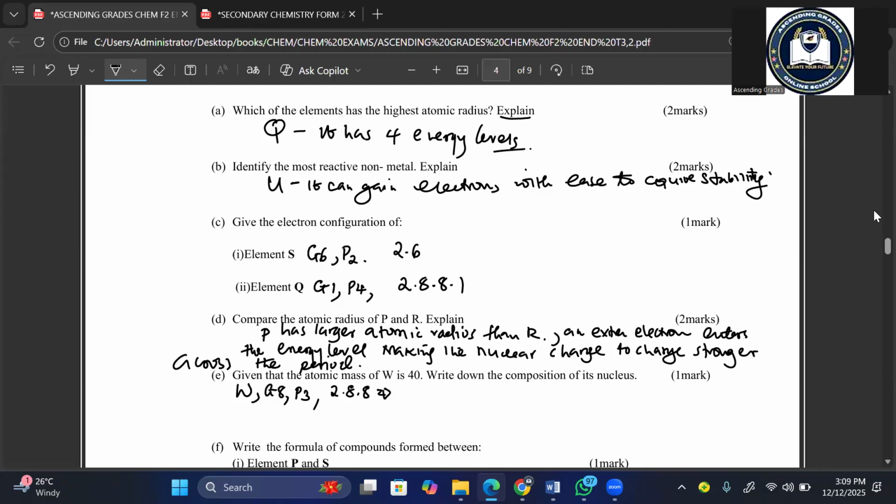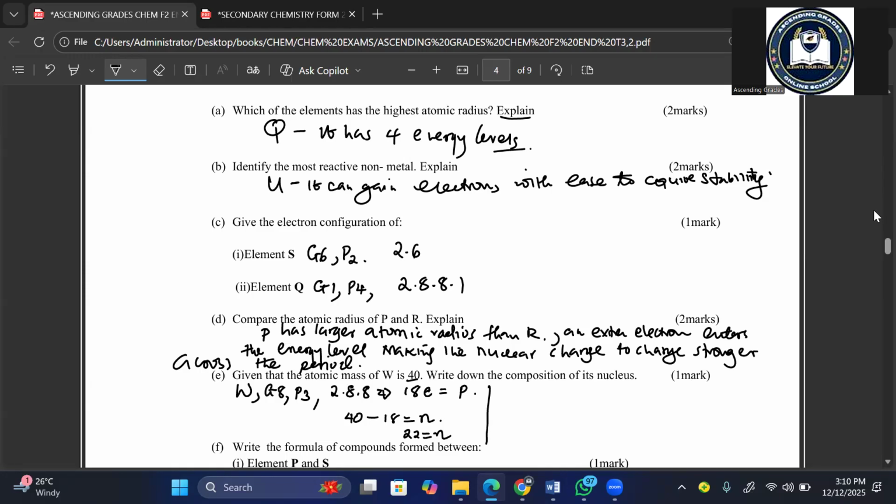It has a total of 18 electrons, and these will be the same as the number of protons. From the mass number of 40, we can get the number of neutrons: 40 minus 18 gives 22 neutrons.